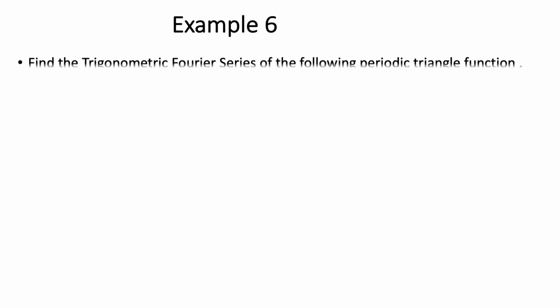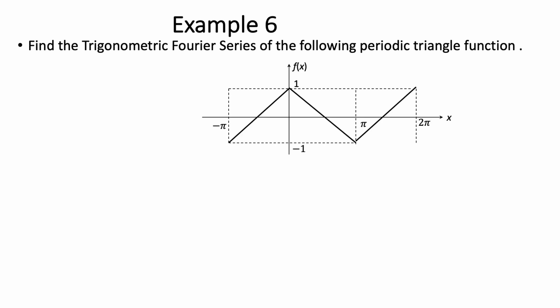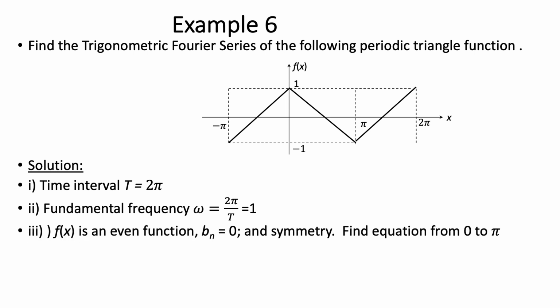In example 6, we have to find the trigonometric Fourier series of the following triangle function. To start with the fundamental, time interval T equals 2π, fundamental frequency ω equals 2π over T, which is 1. f(x) is an even function, therefore Bn equals 0, and it is symmetric.